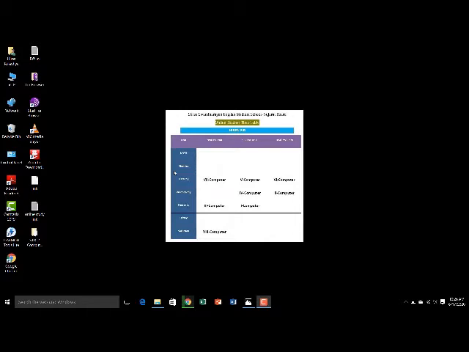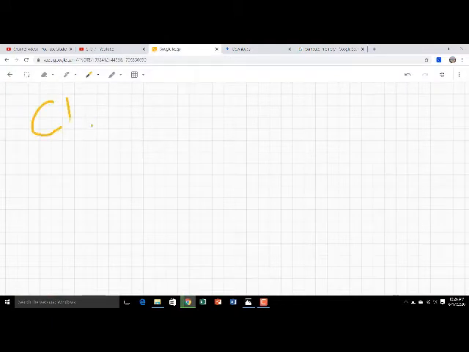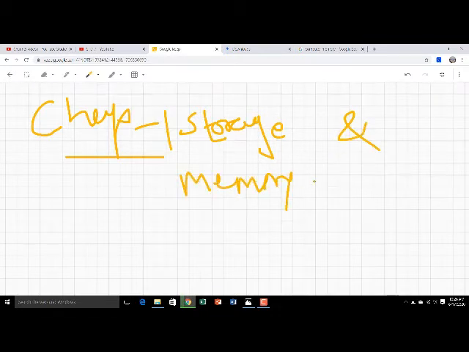Okay, chapter first. We have already started chapter first, storage and memory devices. We have already discussed some parts of this chapter, but you will do a first revision, then move to the next topic.